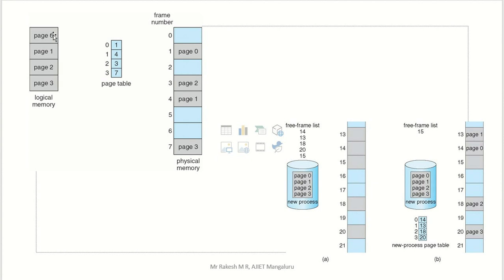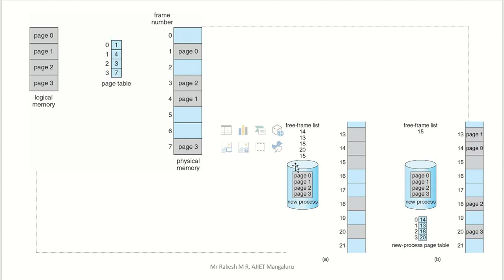Page 0 is stored in the first frame, so page 1 is in the fourth frame, page 2 is in the third frame, and page 3 is in the seventh frame. Like this we have to generate a page table.